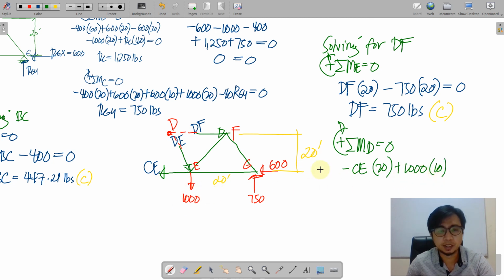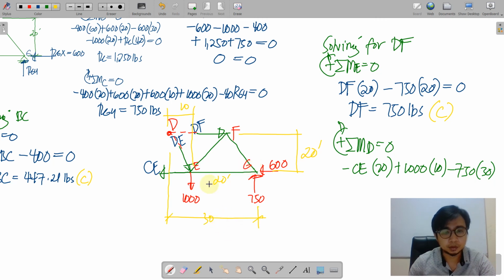So where did we get 10? Here it is. It is actually the half of the total DF leg of 20, less 750 times 30. So where is 30 here? This is it. The half of 20, that is 10, plus 20, that is 30 feet. So this is the moment arm of 750. Then we less 600 times 20. So here.